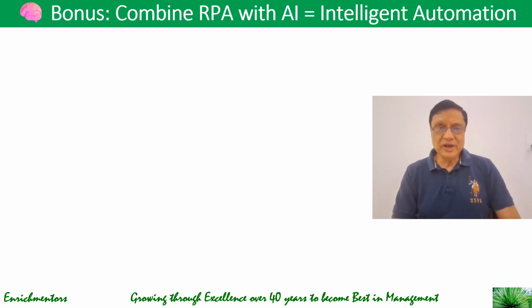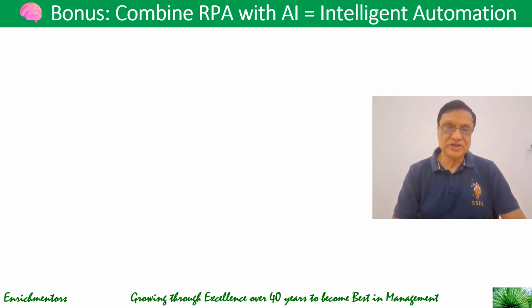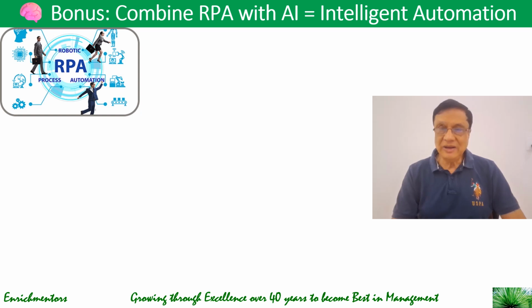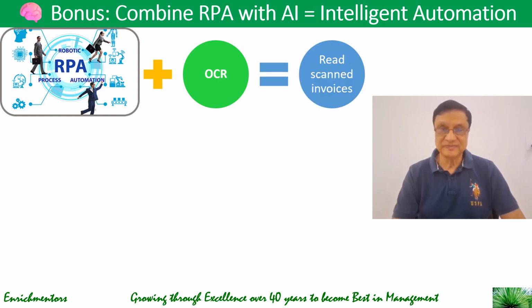So let's look at what more you can do by combining RPA with artificial intelligence, and that results in what is called intelligent automation. So let's take a look at that. If you combine RPA with OCR, object recognition, right? It can read scanned invoices.